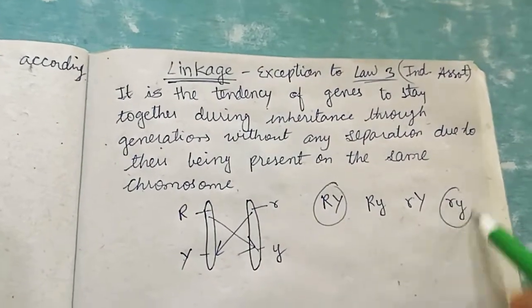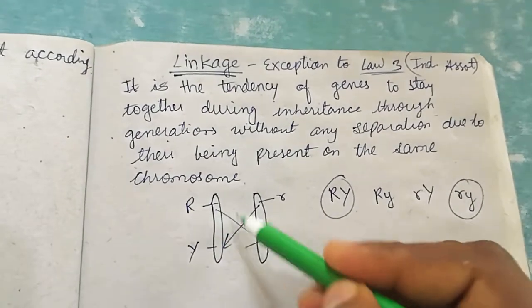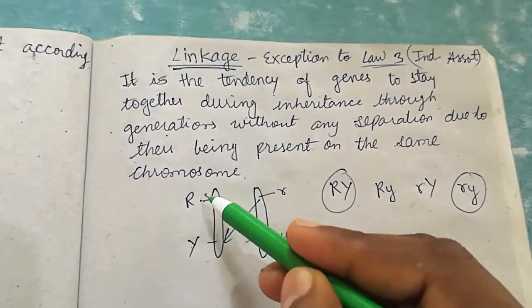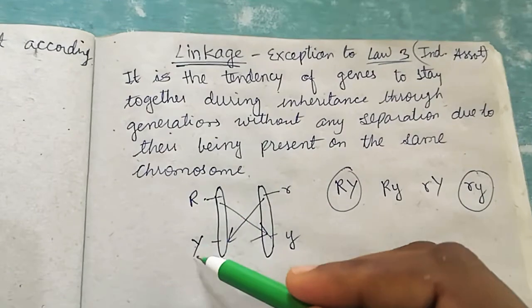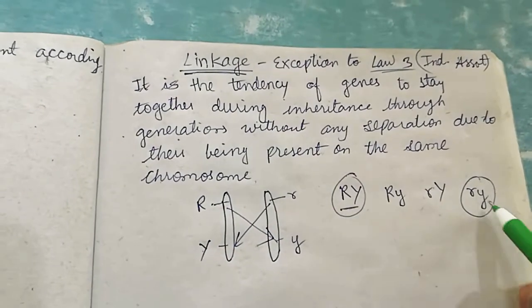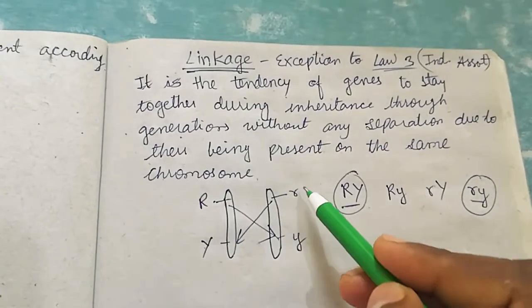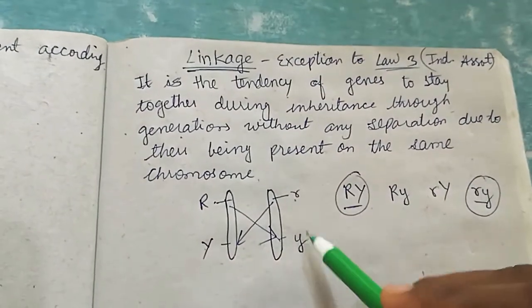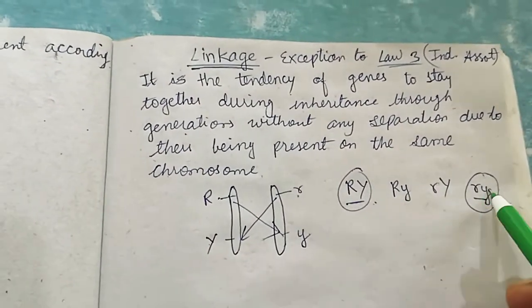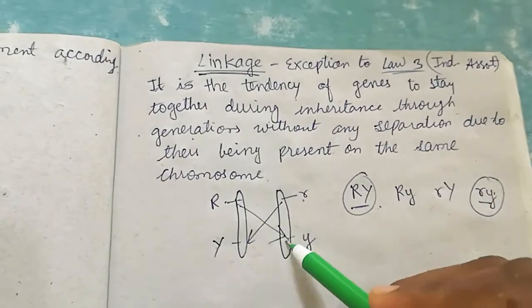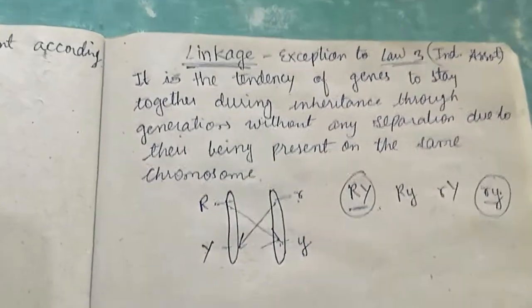These are parental combinations: one parent has capital R capital Y, and the other parent has small r small y, that is wrinkled green. So parental combinations are there, and recombinations because of chiasmata formation.